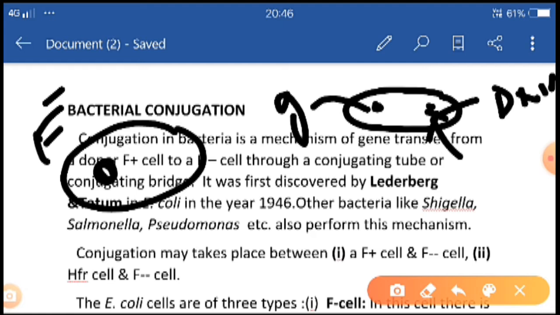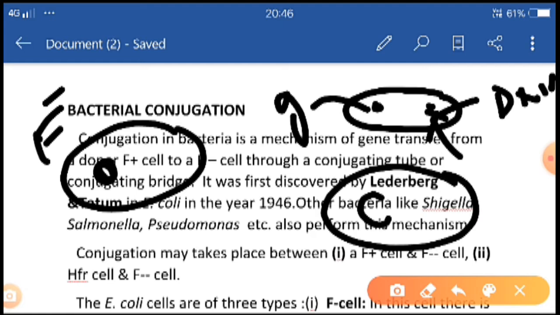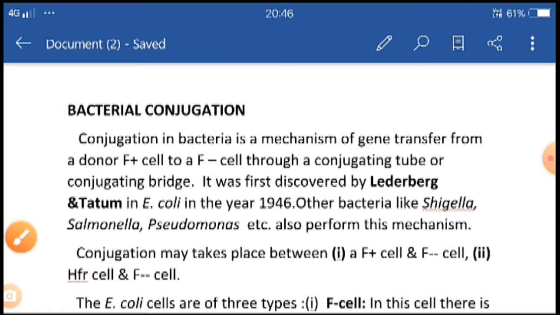And if the bacterium has the F factor attached to the genophore, then it is termed HFR.